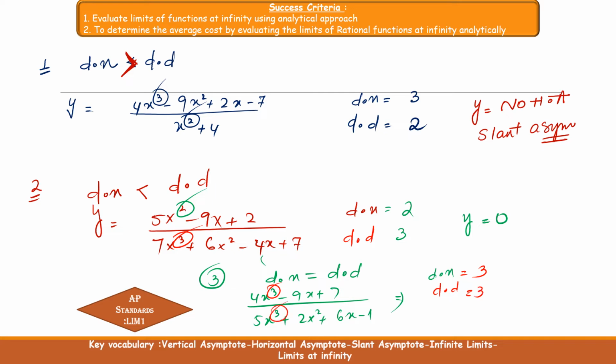Also 3. In such a case, what is the y value? The horizontal asymptote will be at the leading coefficient of the numerator divided by the leading coefficient of the denominator. What is the leading coefficient? The coefficient written with the highest degree. That is 4 in the numerator, and 5 in the denominator. So our answer is 4 over 5.